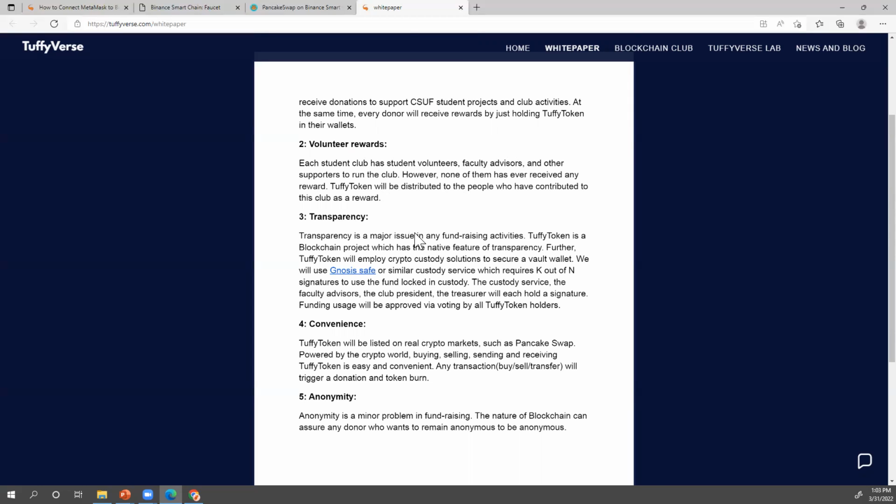There are some other benefits, like transparency. Transparency is a major benefit of using blockchain, and we apply this transparency to the fundraising activities. Every transaction is recorded on the blockchain, so everybody globally can see the activities that happen to Taffy Token. The vault wallet is also a custody solution.